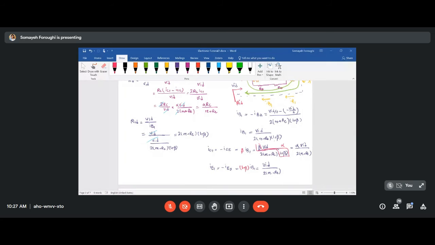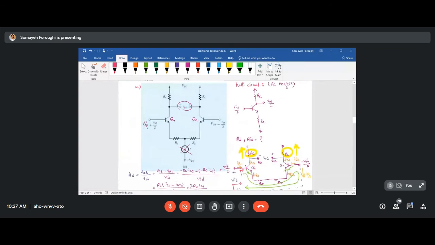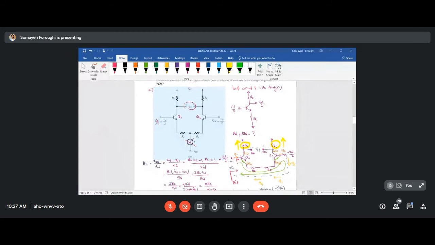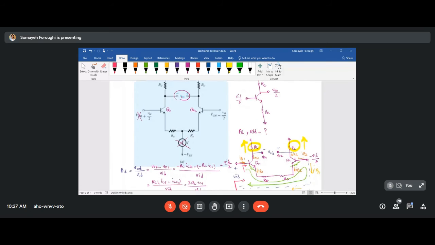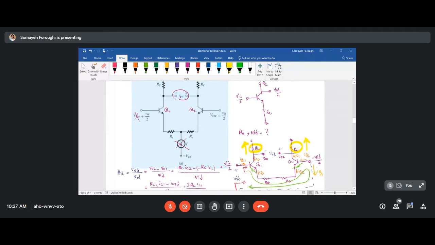And another question. Just scroll up if you can. Yeah, over here. Why are you taking the current direction above, like when calculating VO1 and VO2? Like I get it, why is the down direction not okay? Because for finding VO2, you know that the current should go from the higher voltage to the lower voltage. So if you want to have this voltage as a positive one and not a negative VO2, you should have this point minus this point over RC.